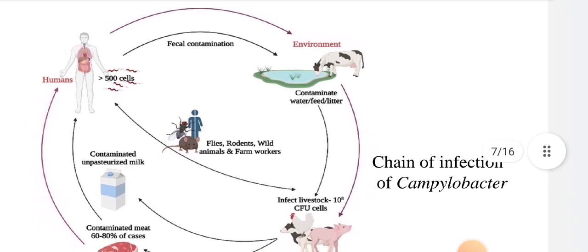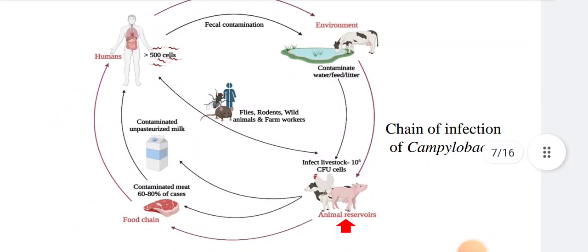This diagram illustrates the chain of infection of Campylobacter. We start from where the red arrow is pointing, the animal reservoirs. Different animals harbor the bacteria. From them, the bacteria are spread.